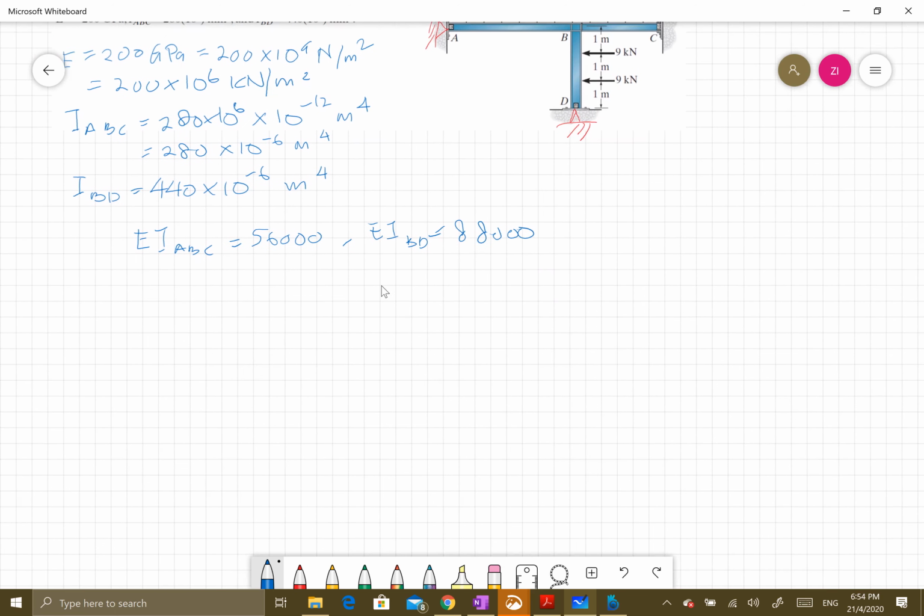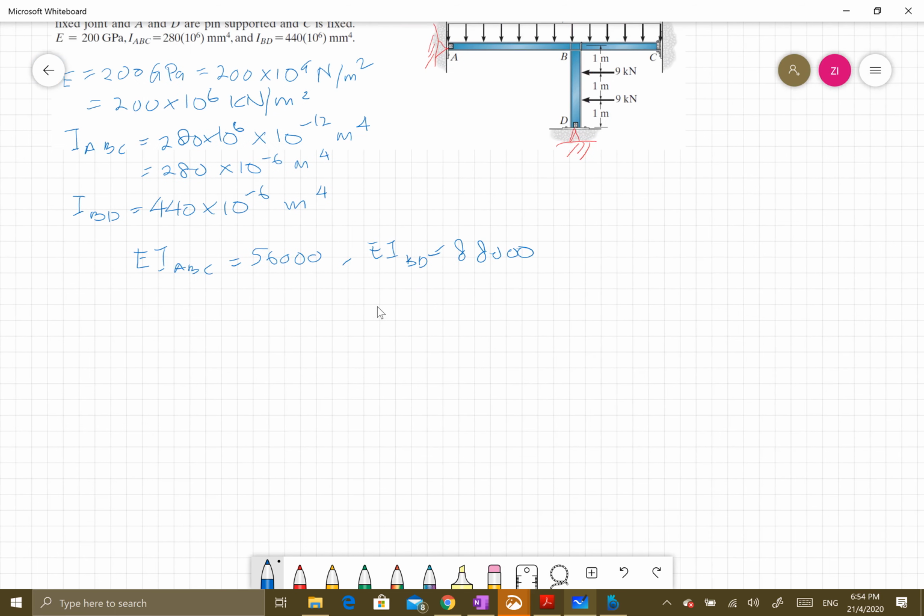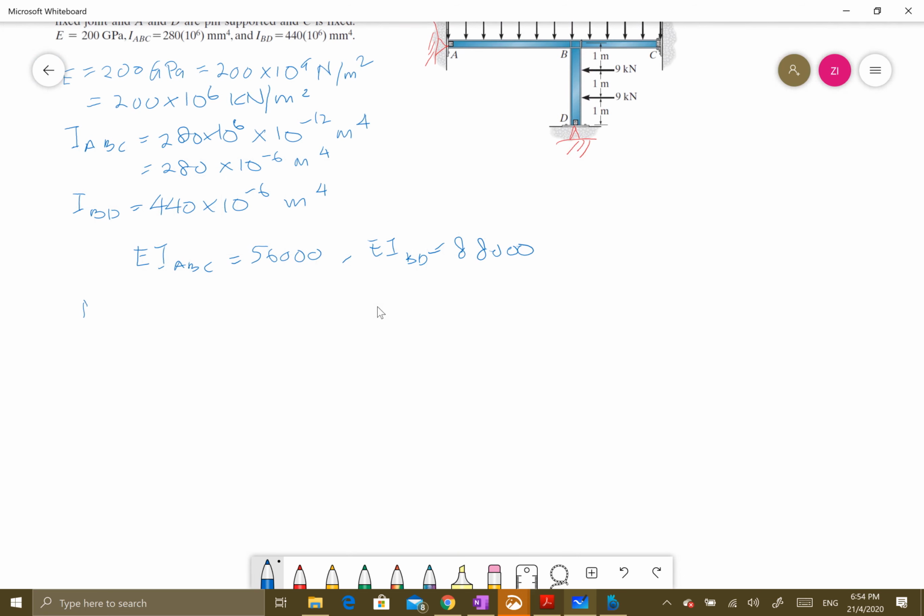Okay, so now the first thing that we are going to do is we are going to calculate for stiffness, which is K. So if you see AB, okay, so AB is for A is pin, therefore K AB is 3 EI AB divided by L, so the L is 6. So you get your value as 28,000.